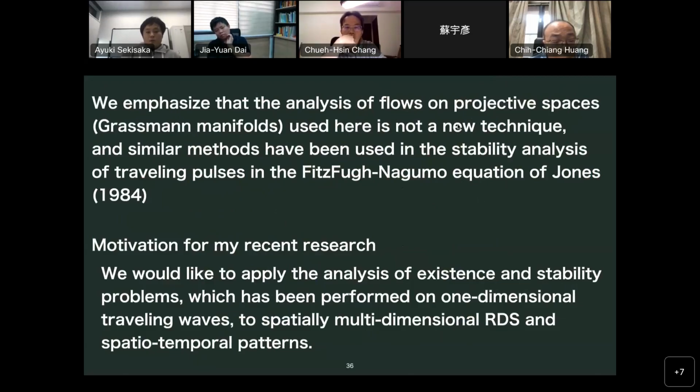Okay, so we would like to apply the analysis of existence and stability problems, which has been performed on one-dimensional traveling waves, to special multidimensional reaction diffusion systems and spatial temporal patterns. So we want to apply such problems.